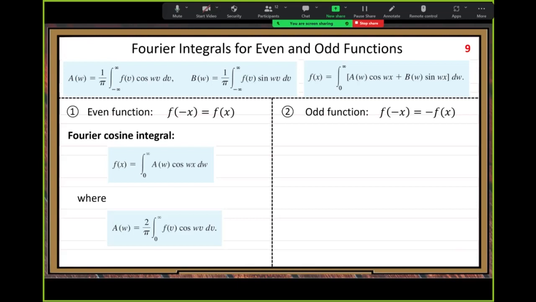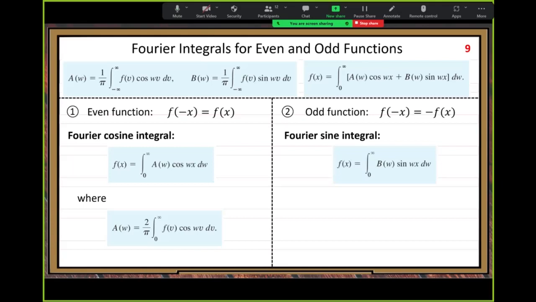So that's the Fourier cosine integral. Similarly, the Fourier sine integral. This time, our f function is odd. When you look at the a function calculation, odd function times even function is odd, so its integral is 0.